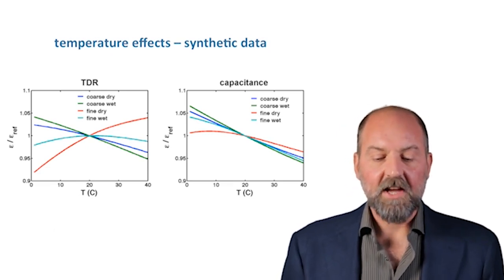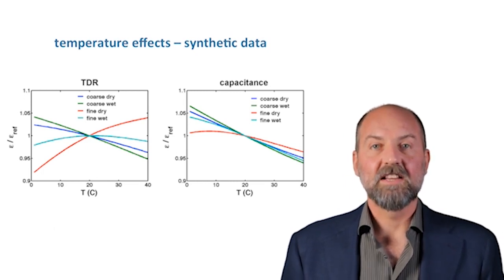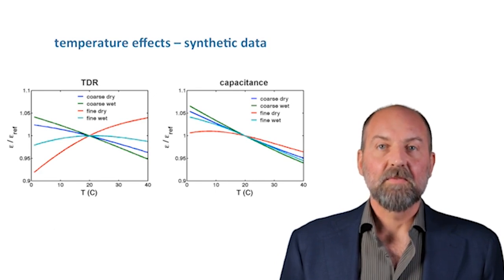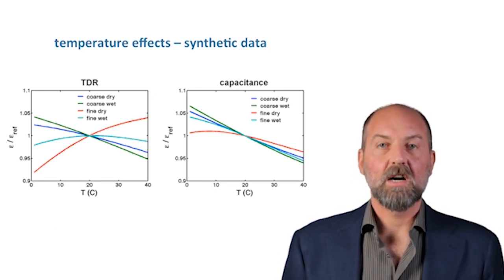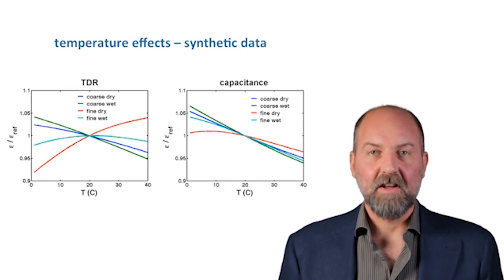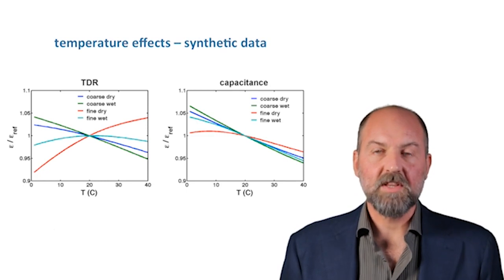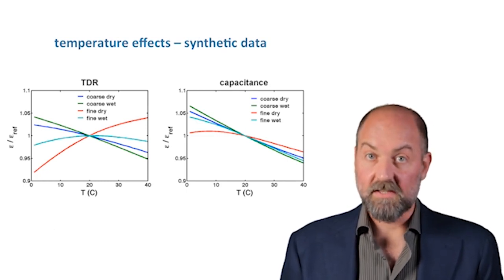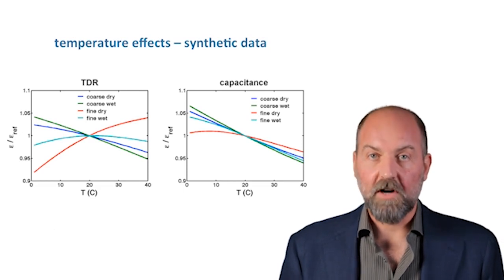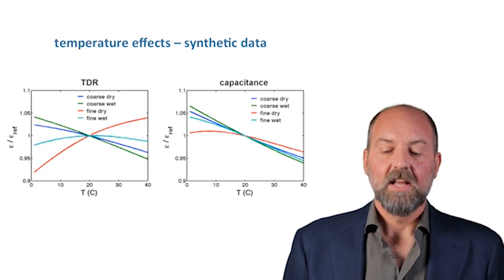Typically, we find that in fine systems, especially when there is little water, the temperature effects are positive, and this is because of the three mechanisms, the dominant one in those systems where there is a lot of surface is the effect on the volume fraction of bound water relative to free water.